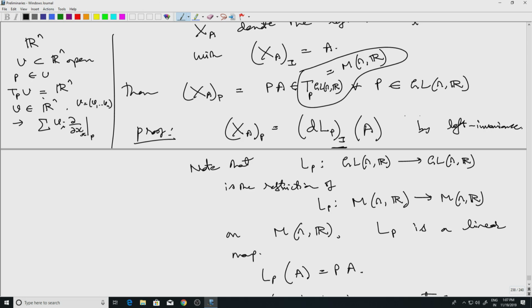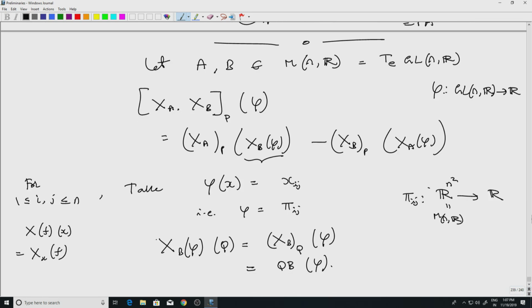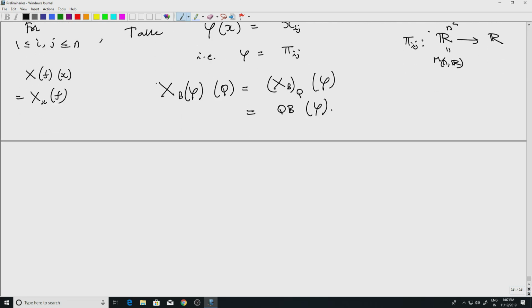So let's do that. Here of course one is dealing with Rn squared rather than Rn. So for instance here when I write QB at phi, one has to remember that this QB is supposed to be a derivation at the point Q. After all, I'm supposed to get a tangent vector at Q. So this is for any phi. Now I'll plug phi of x equal to xij, namely the projection map pi ij.